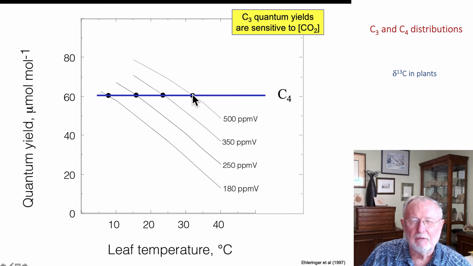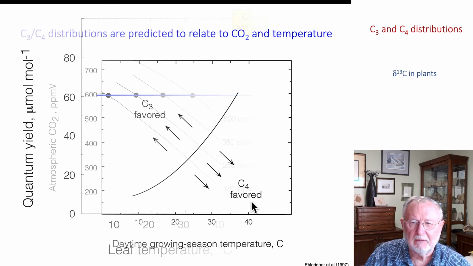This allows us to evaluate a trade-off between C3 and C4 in terms of prediction based on both temperature and CO2. So we can have a global perspective and a temporal time series perspective.